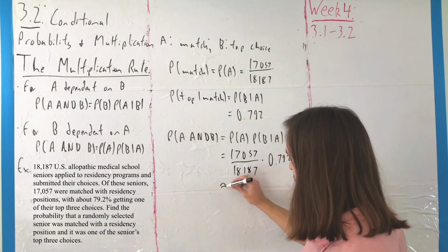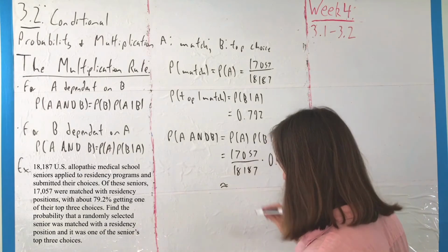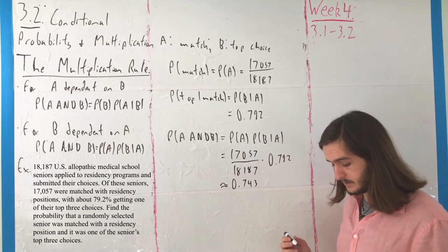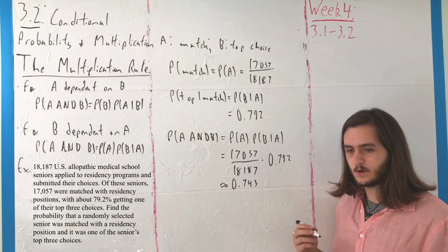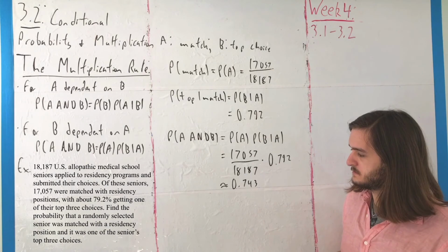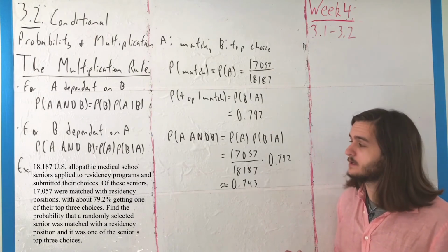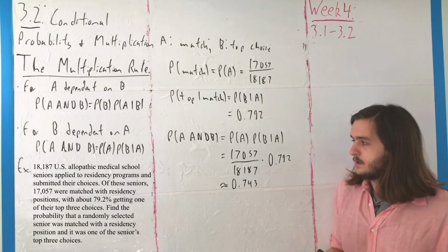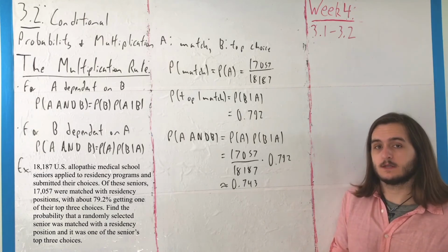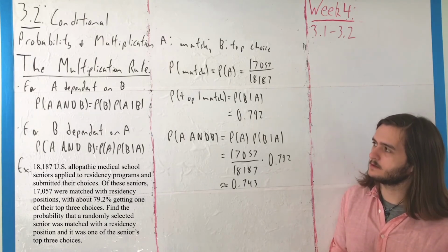The probability we want here would be about 74.3%, 0.743. So it's about a 3 in 4 chance that one of these students will get into a program that they want.